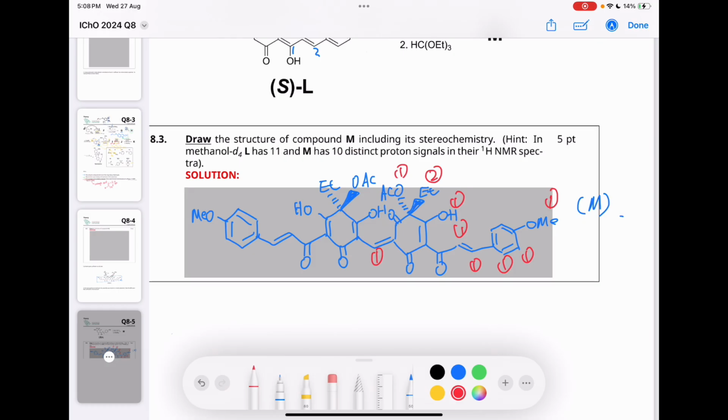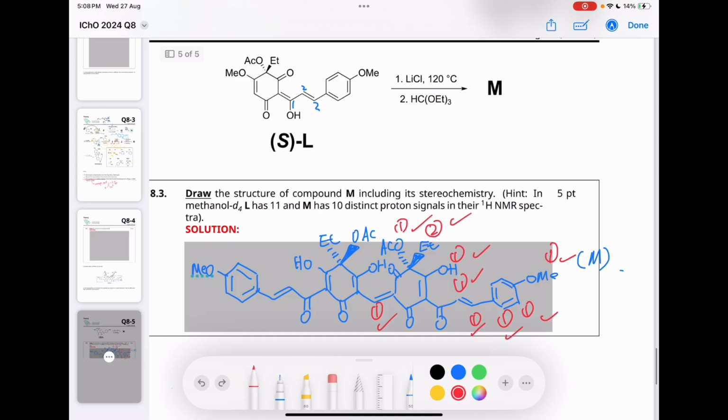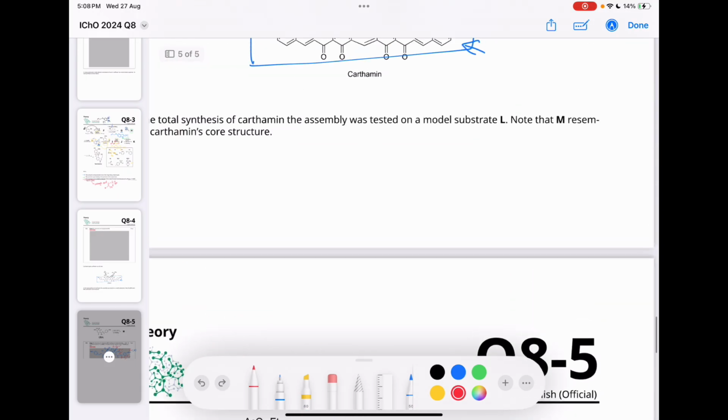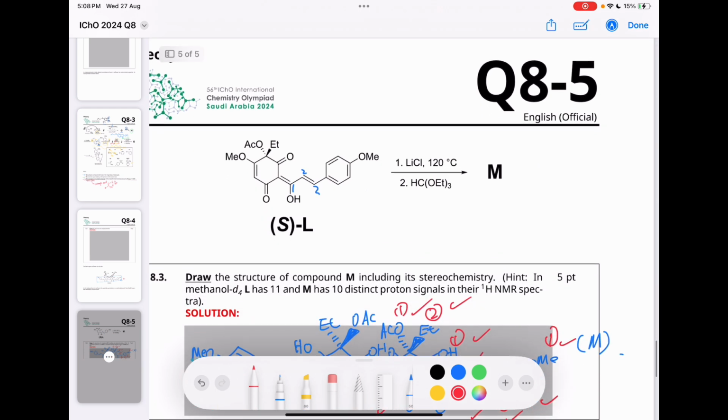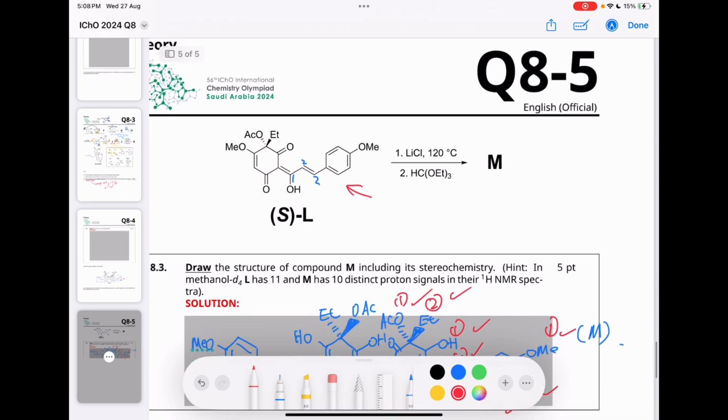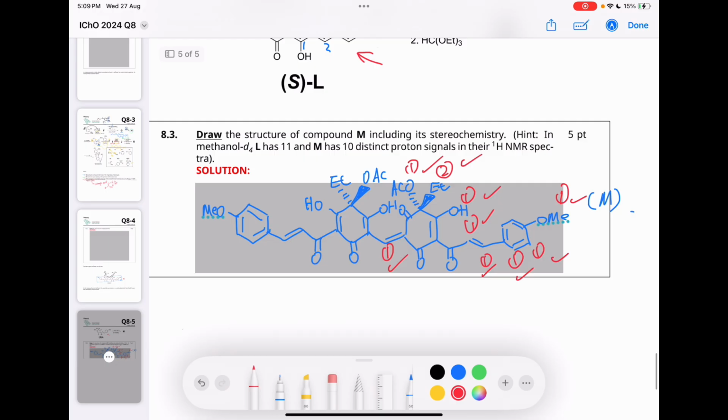Yeah. So we have 1, 2, 3, 4, 5, 6, 8, 9, 10. So we have 10 signals. Then because of symmetry, the rest of the signals here will just be the same as these. So that pretty much assures us that we have gotten the correct answer, because truly it resembles both this as well as this. So that would just be the best answer we can give for part 8.3.